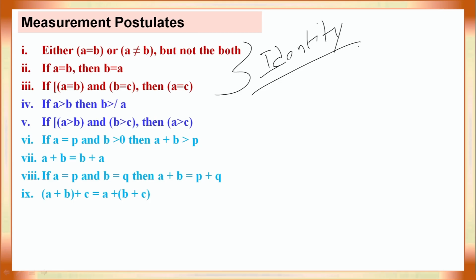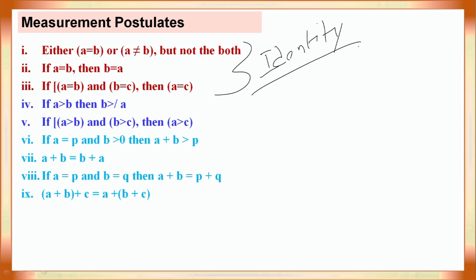And the third one is that if A equals B and B equals C, then A equals C. It is based on the popular saying, things equal to the same thing are equal to one another. So, these three postulates are essential to confirm the identity characteristic of number.